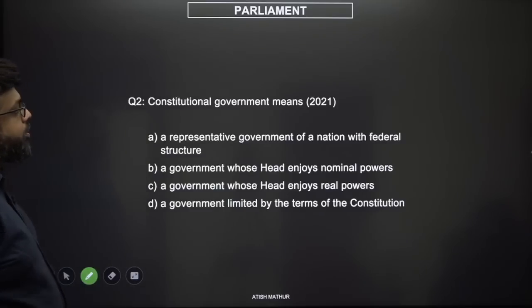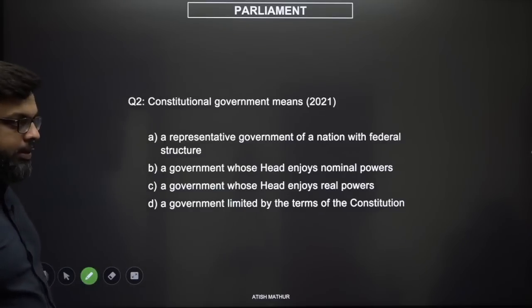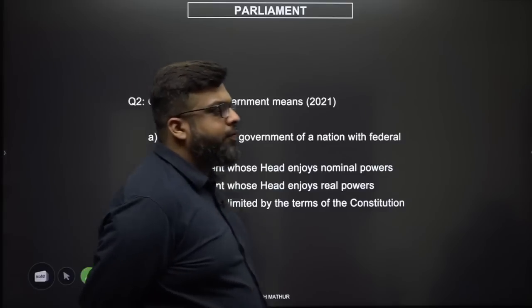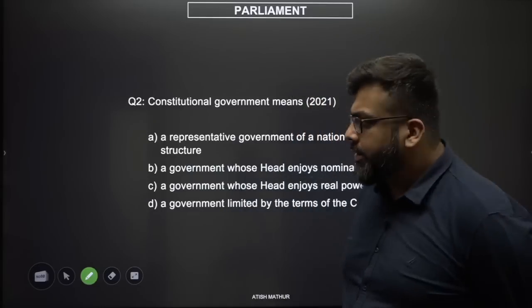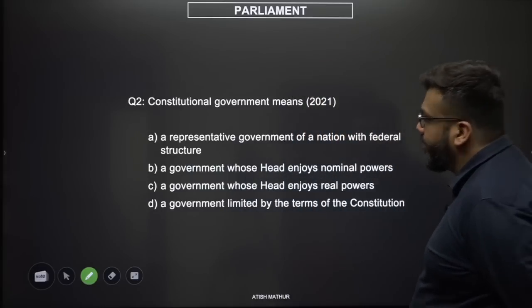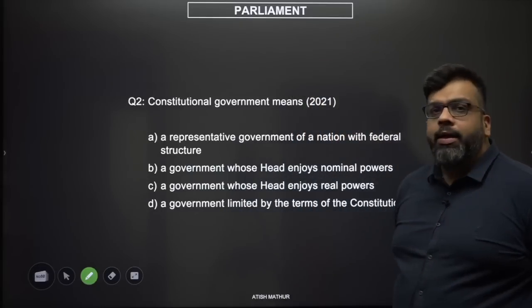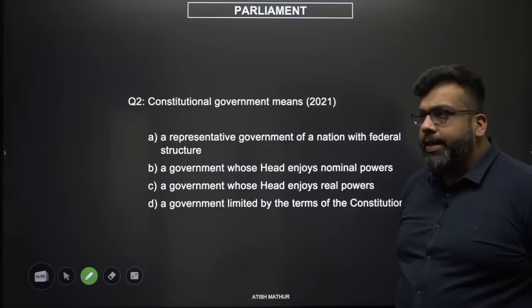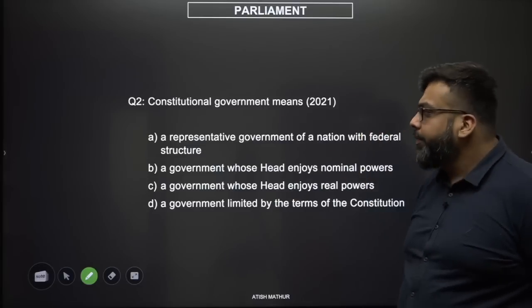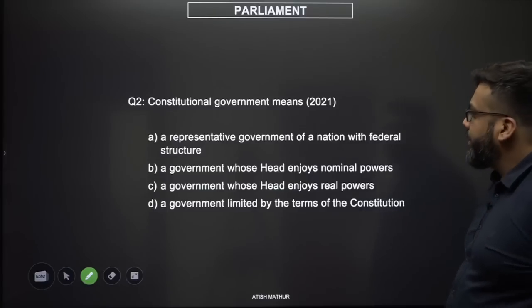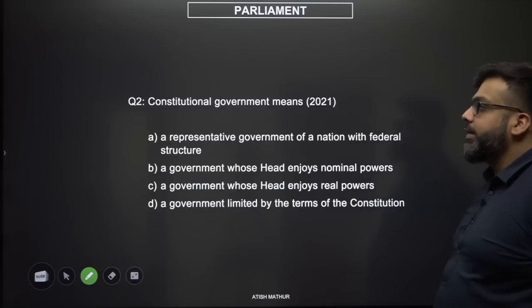Let's move to the next question. A constitutional government means what? We've discussed this in our very first lecture on Magna Carta as well. But what is a constitutional government? We'll simply apply the devil's advocate technique, where we'll try to argue the opposite. A representative government of a nation with a federal structure.